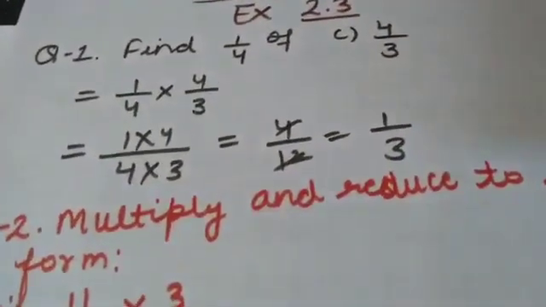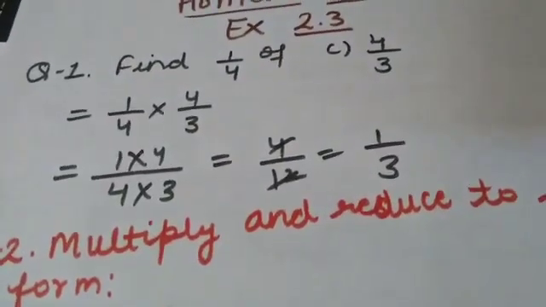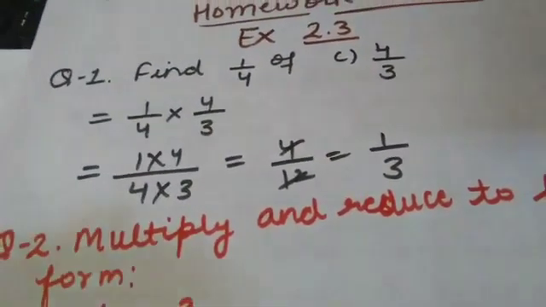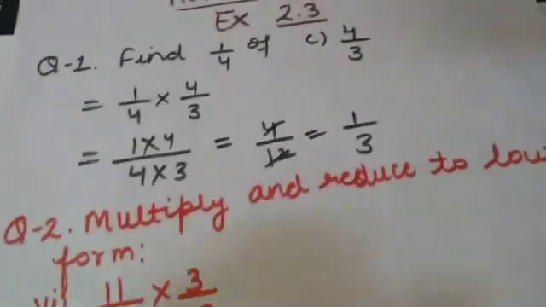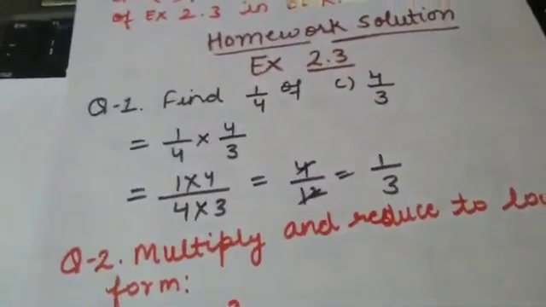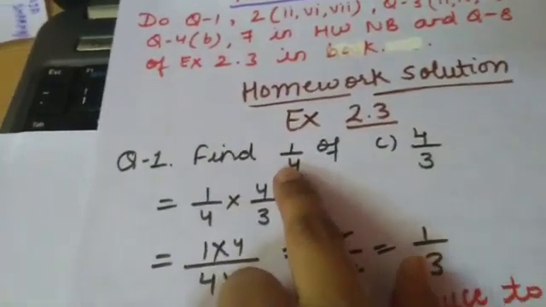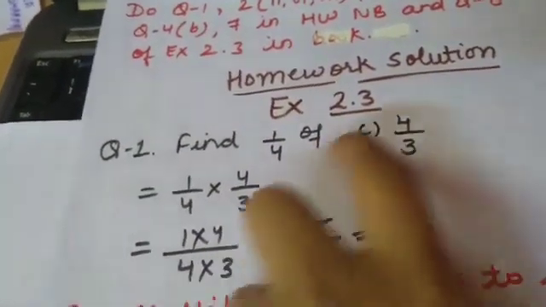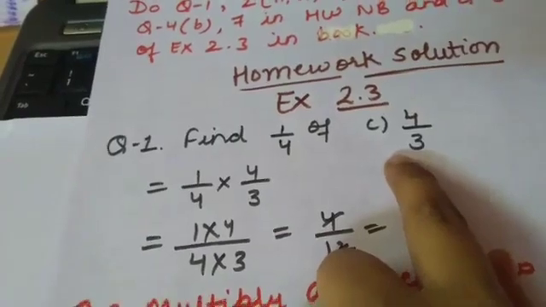Come to question number 1 of exercise 2.3. This question includes only 2 parts. First I am explaining: you have to find 1 by 4 of 4 by 3.